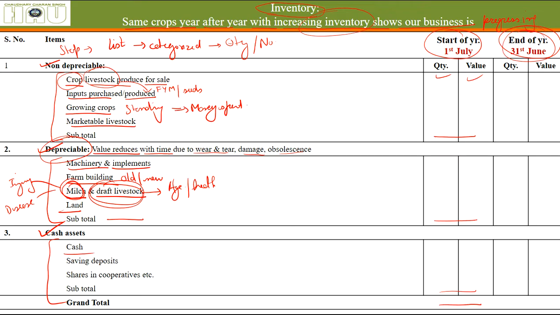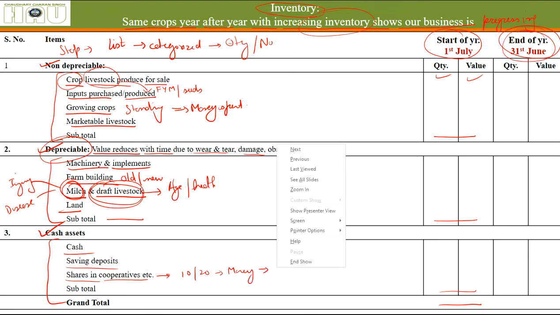Cash assets, that means cash in your hand, in your savings account, that means in your bank account. Shares in cooperatives, it simply means 10 or 20 people come together with some money. This money is used for different purposes. It may be used to make the marketing of our produce easy. We can go for selling at distant places because there is a better price.